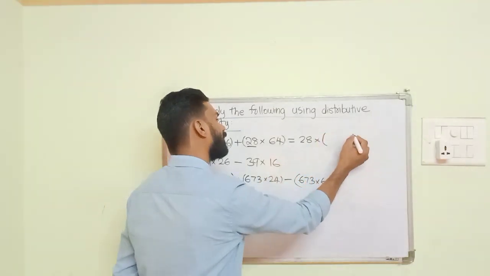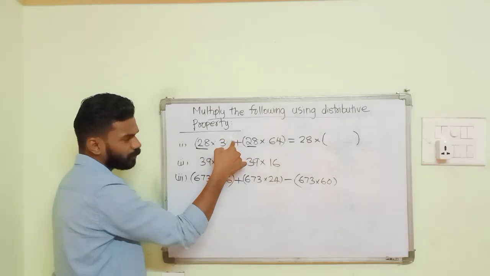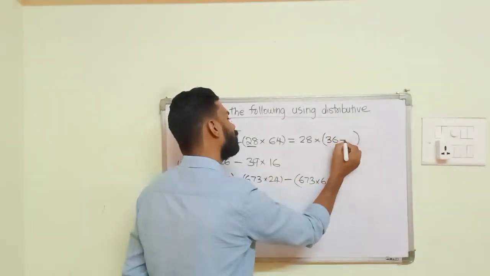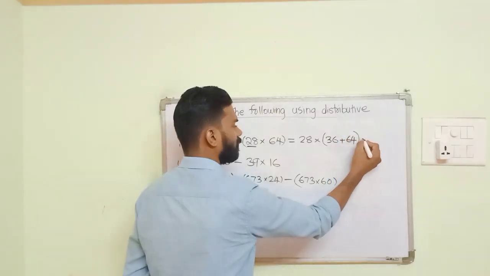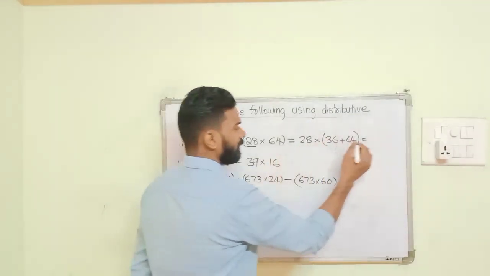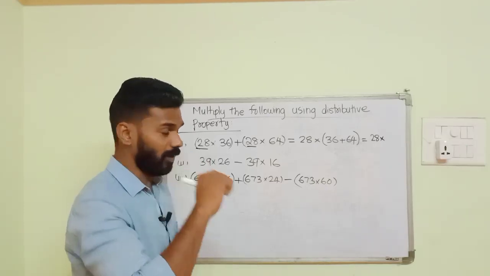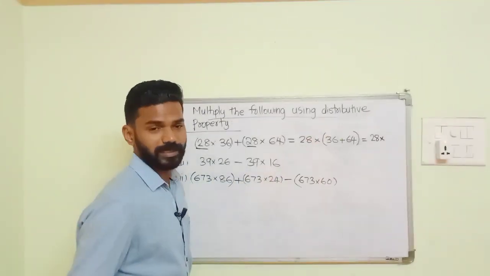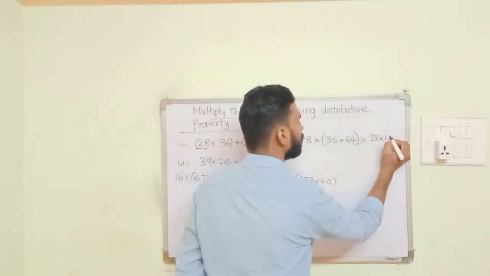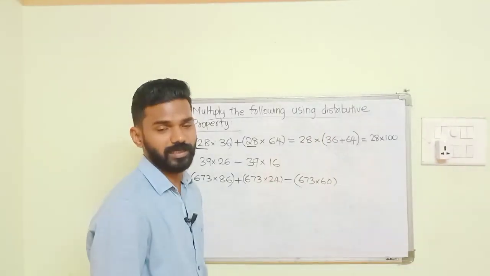Thereafter in the bracket, the numbers to be added, the remaining 36 plus 64. Now you can simplify it much more easily. 28 into, I am writing it as 28 into itself. Now 36 plus 64. How much will be the answer? Yes, it will be 100. Now this multiplication is very simple.